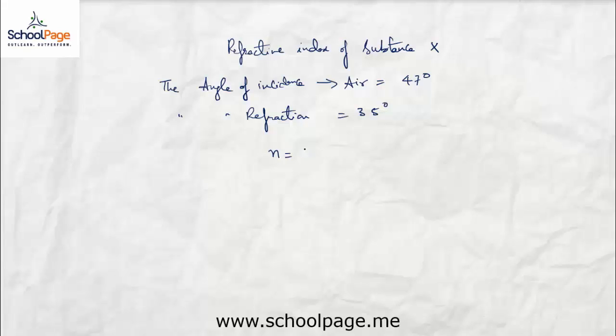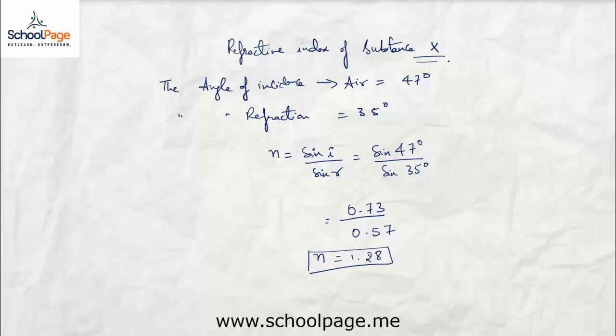Refractive index is equal to sin I divided by sin R. This is equal to sin angle of incidence is given as 47 degree and angle of refraction is given as 35 degree. We know that sin 47 degree is equal to 0.73 and sin 35 degree is equal to 0.57. On further simplification, we will obtain 1.28. So refractive index of substance X is equal to 1.28. Since the refractive index is a ratio of two similar quantities, it has no units.